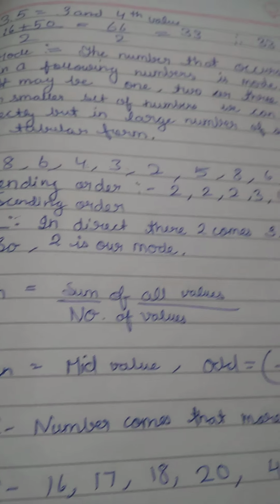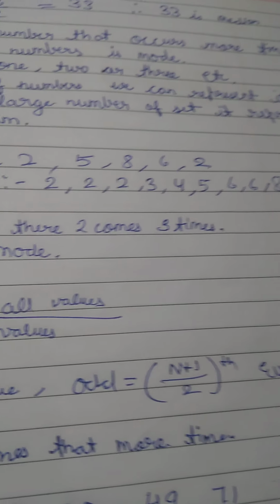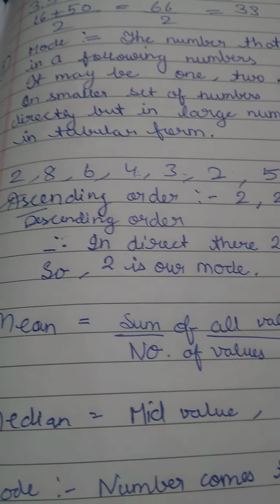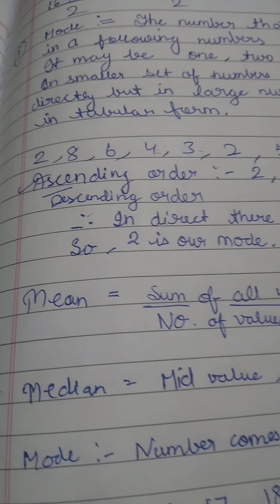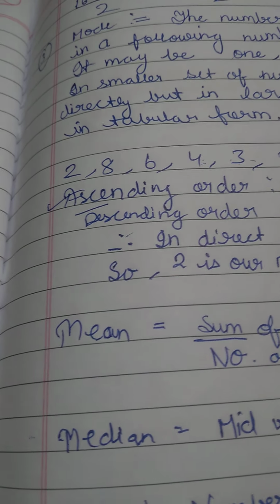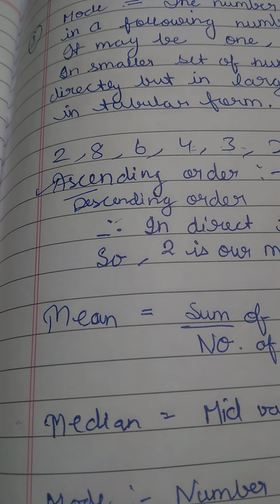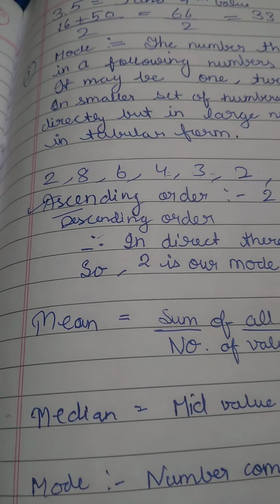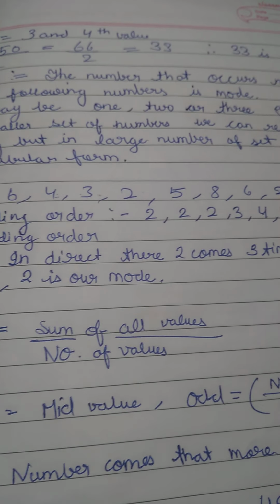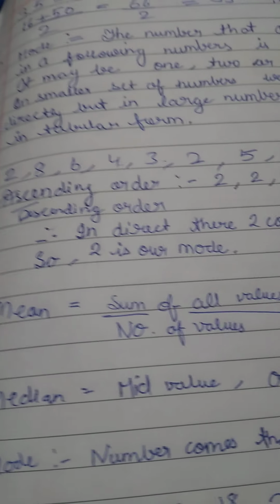In a smaller set of numbers we can find it directly, though we can also use a table. Take 2, 8, 6, 4, 3, 2, 5, 8, 6, 2.